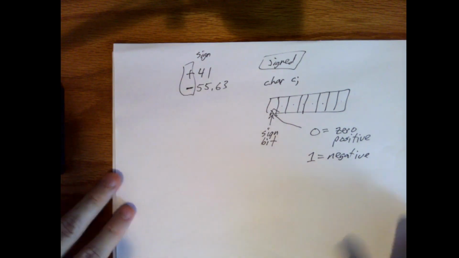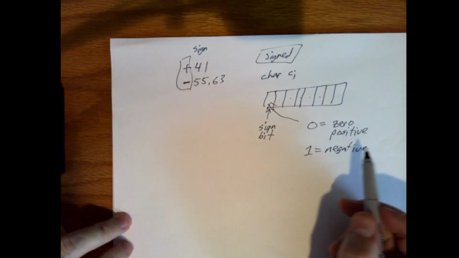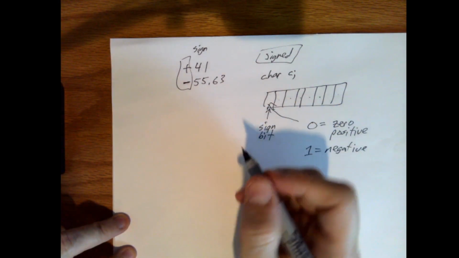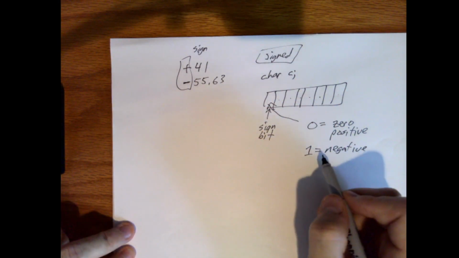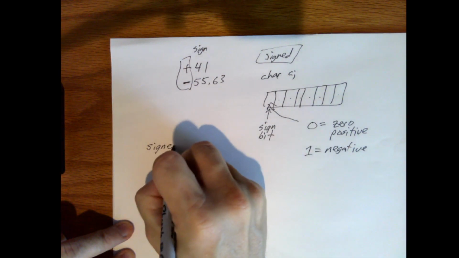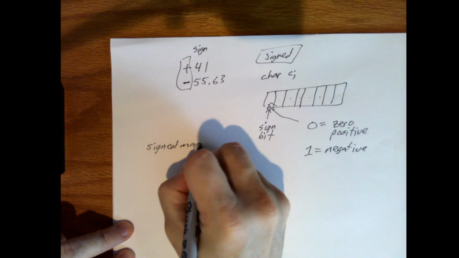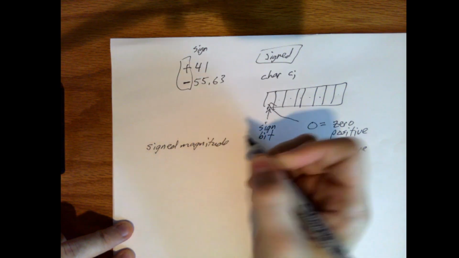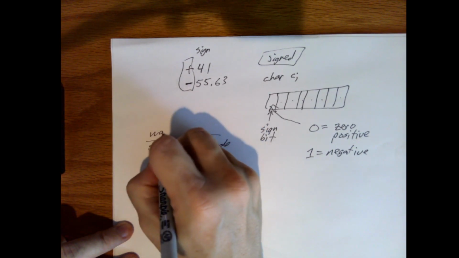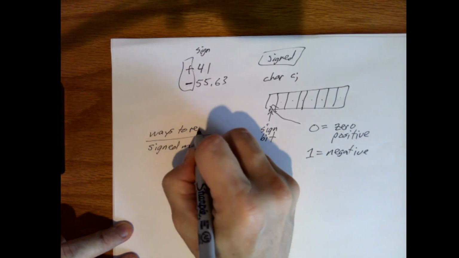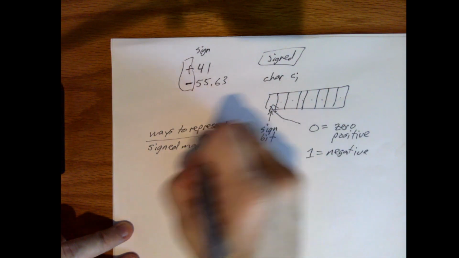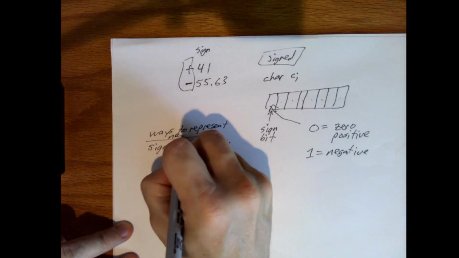So how do we represent negative numbers? That's not as obvious as you think. So there are 3 ways of representing negative numbers that I'm aware of. Those are called signed magnitude, or some people write sign/magnitude.